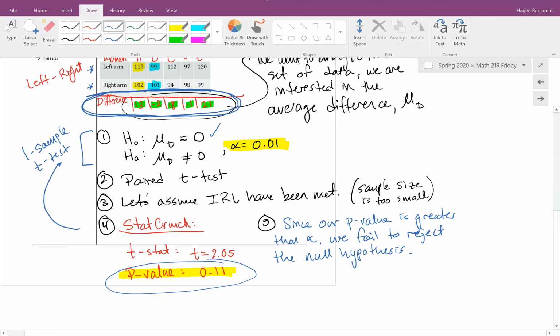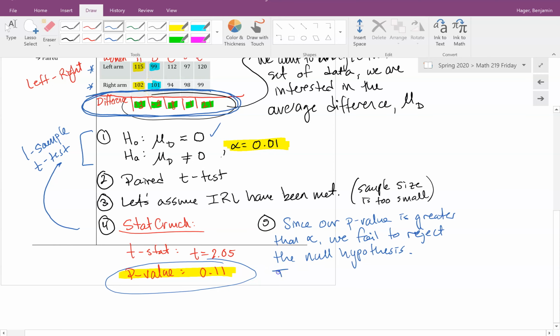And so what that means is that the data does not suggest that there is a difference in the averages of left and right blood pressure measurements. Even though we see some differences, it's not a big enough difference to suggest that there's going to be one among all the data.